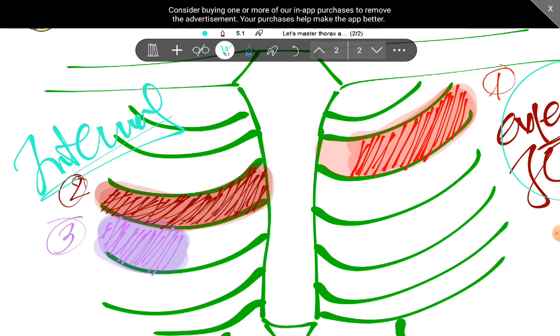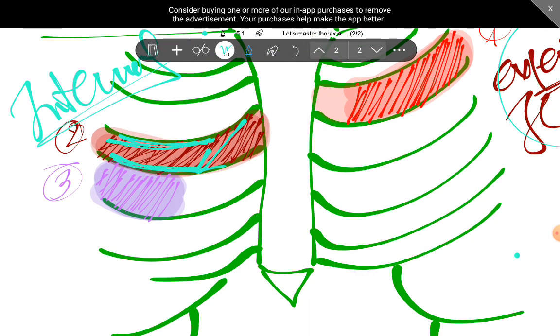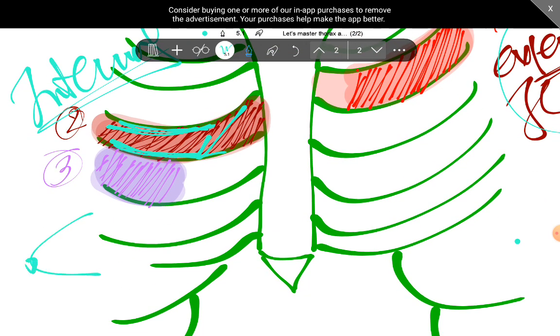It's also supplied by the intercostal nerve, and it originates from something called the costal groove. It goes to the upper border of the rib below, as we can see here. So from the costal groove to the upper border of the rib below, downwards and backwards, from the sternum to the angle of the rib, and when it reaches the angle of the rib, it continues here as the posterior intercostal membrane.